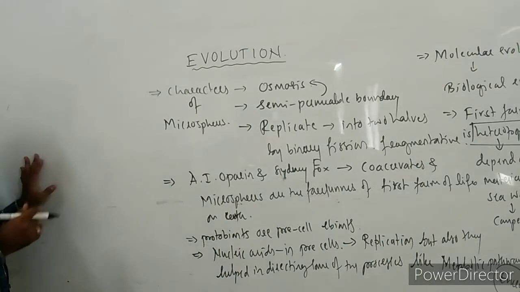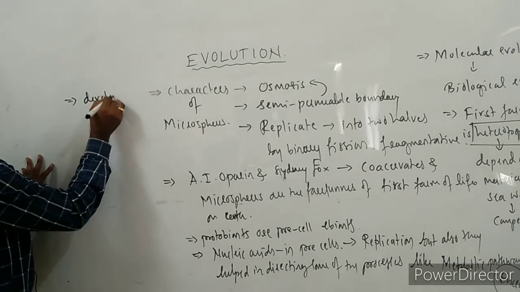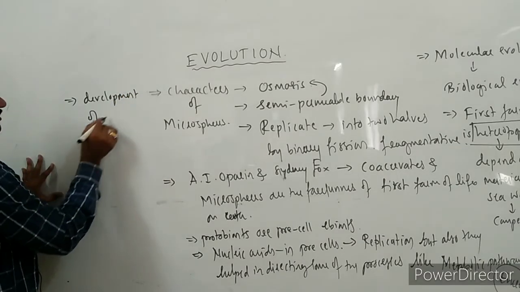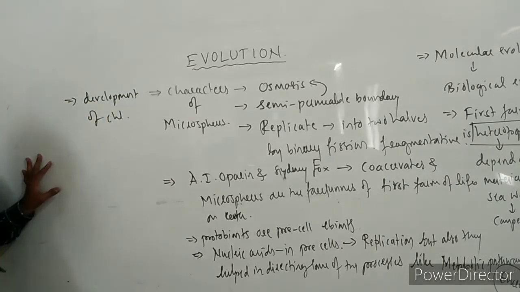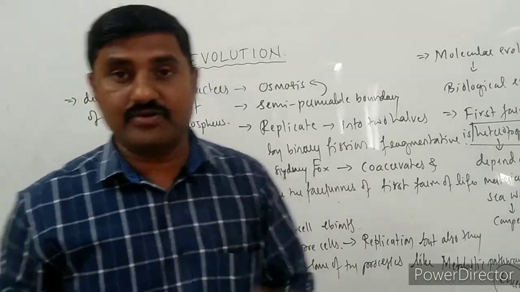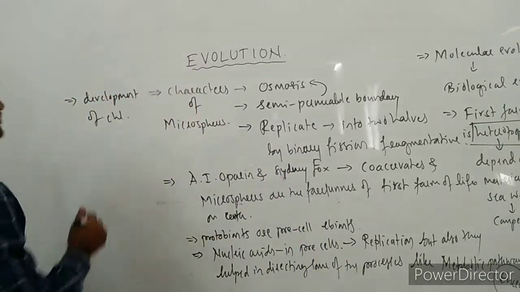So in the chemical evolution theory, that is the development of chlorophyll pigment. The development of chlorophyll pigment took place. When chlorophyll was developed, what happened at that moment? Photosynthesis started.